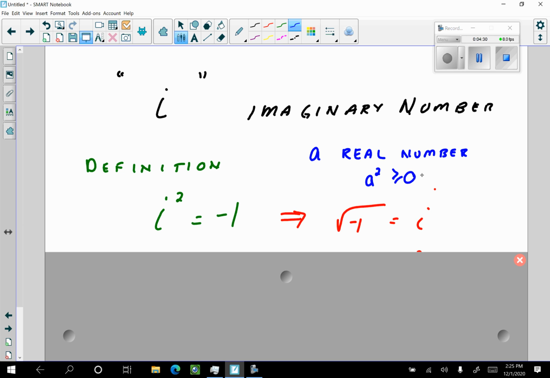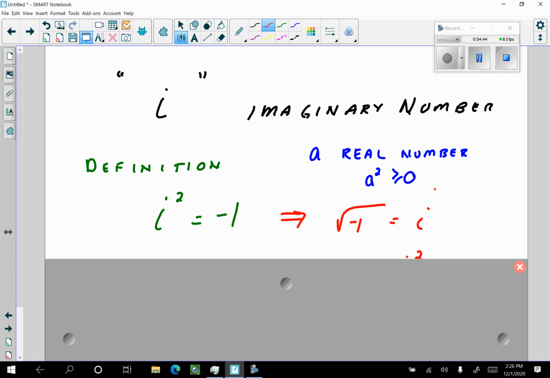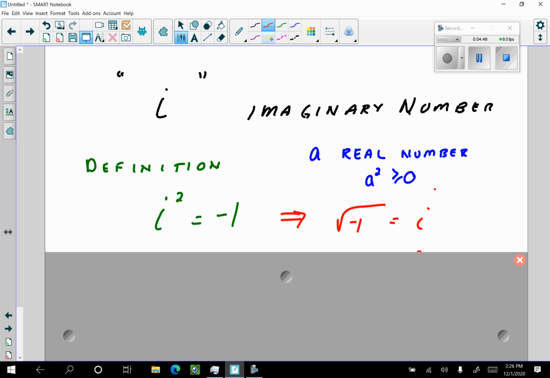That's why we need this imaginary number, because if I square the imaginary number, i squared is going to be -1. How is that going to be useful? It's going to be useful because of this notation here. If i squared is -1, then the square root of -1 is i.